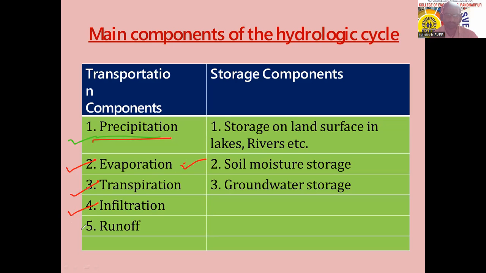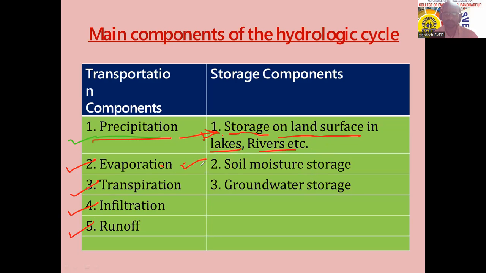Some quantity is runoff and reaches the stream. Whatever precipitation is there, that water is stored as storage on the land surface, in rivers, lakes, etc. How is evaporation happening? It is from the soil moisture storage.